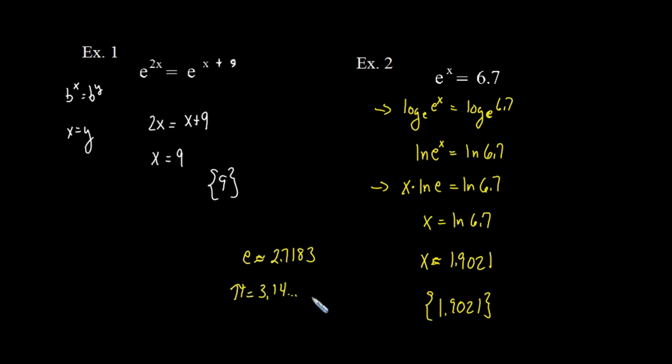It's an irrational number. We encounter it a lot, especially whenever we're studying exponential functions. But for right now, you can just think about e being 2.7183. And again, it is an irrational number, so it continues on, but we're going to shorten that down.